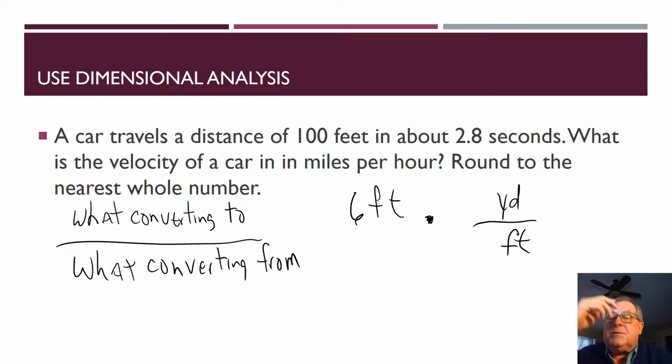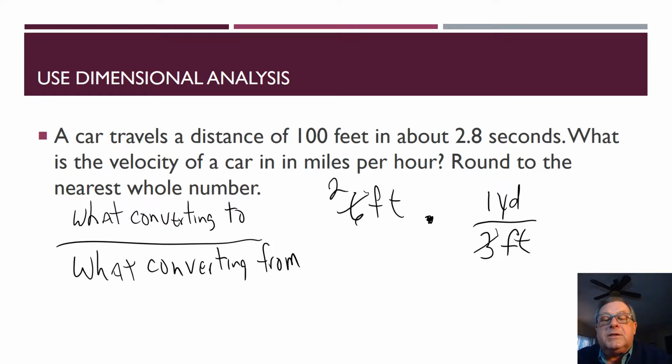So then I need to ask myself, how many feet is in 1 yard? Well, we know that 1 yard and 3 feet are equivalent to each other. So if I'm converting 6 feet into yards, I would set up 6 feet times 1 yard over 3 feet. And I could do a little bit of cross cancellation here.